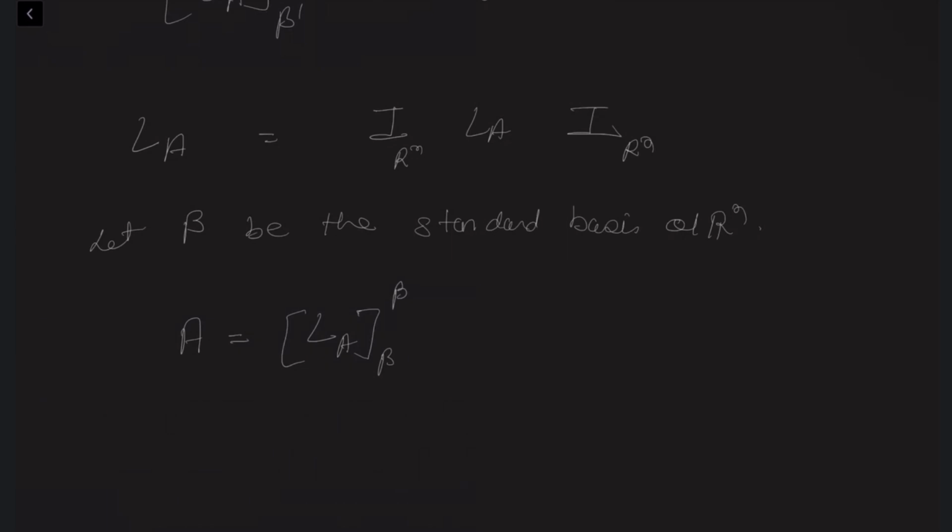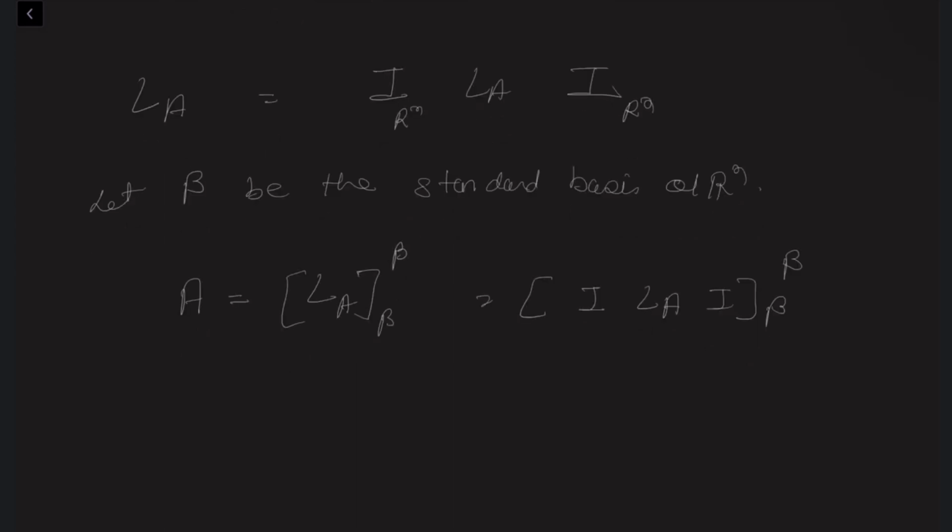This is a result that you must have read in your fourth semester, that if you take the standard basis, then the matrix and the matrix corresponding to the linear transformation are the same. So that is what we are using. So what does it mean? It means that I times A times I with respect to beta is equal to A.